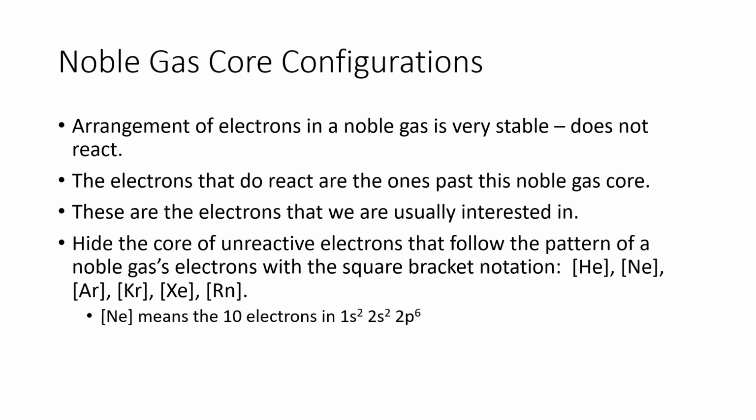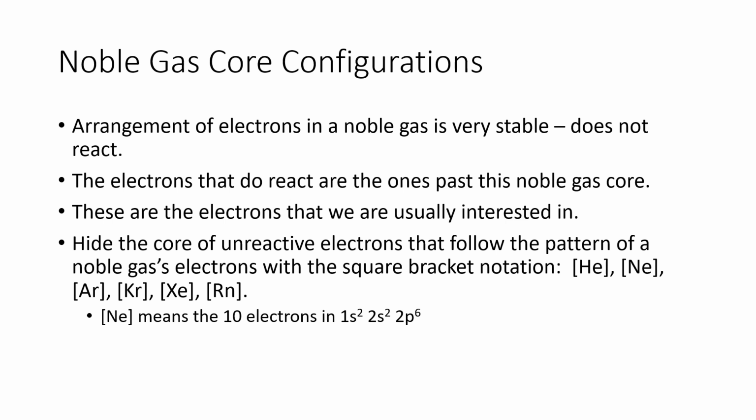Once we have, say, 18 electrons arranged in the pattern that they're arranged in argon, those 18 electrons are so stable they don't want to participate in chemical reactions. So the electrons that do react for an element are the ones that are past its noble gas core.